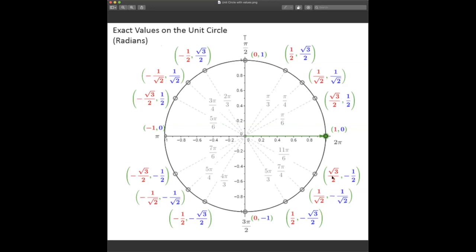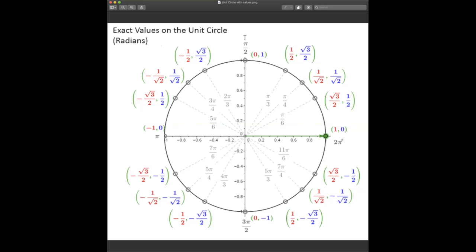But quadrantal angles like pi over 2 or pi or 3 pi over 2 or 2 pi don't have reference angles, right? To have a reference angle, you can't be an angle that ends on one of the axes. And so for those angles specifically, we don't have a choice.